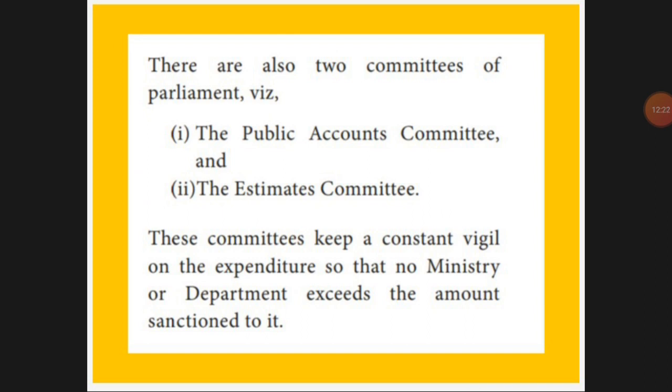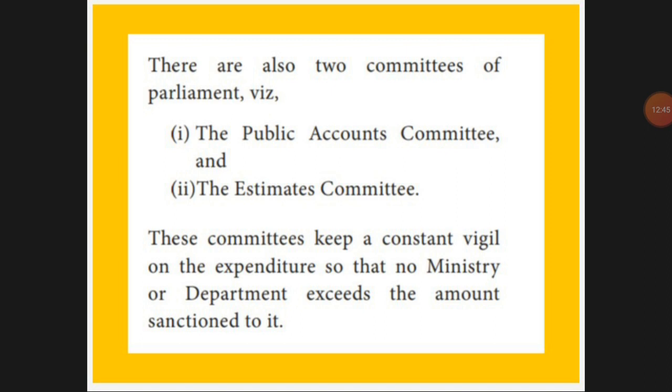In the two committees, what they will do is check all the ministry departments. The budget has to be sanctioned, and the department will activate it correctly or not, or whether the expenditure keeps going beyond the limits. They check whether the budget is launched properly and whether it is giving welfare to the citizens or not.